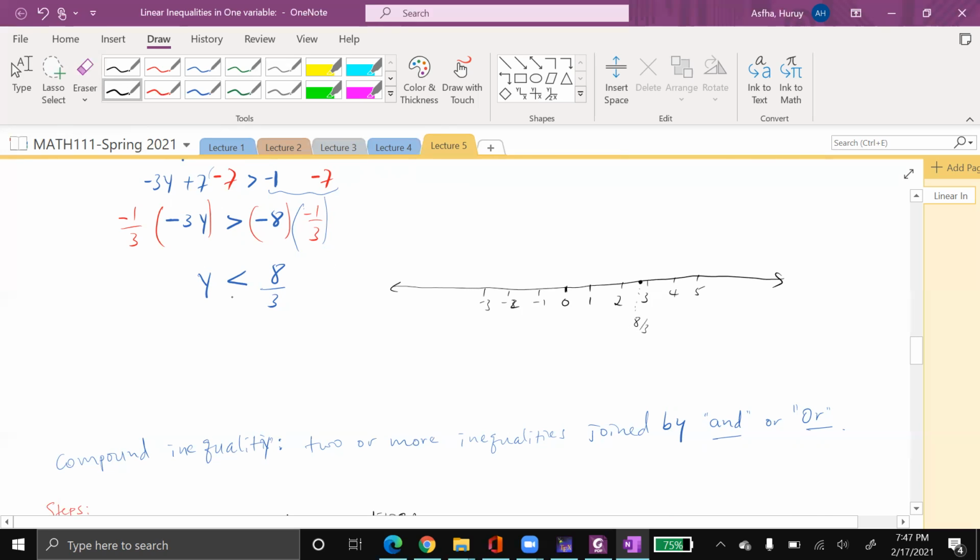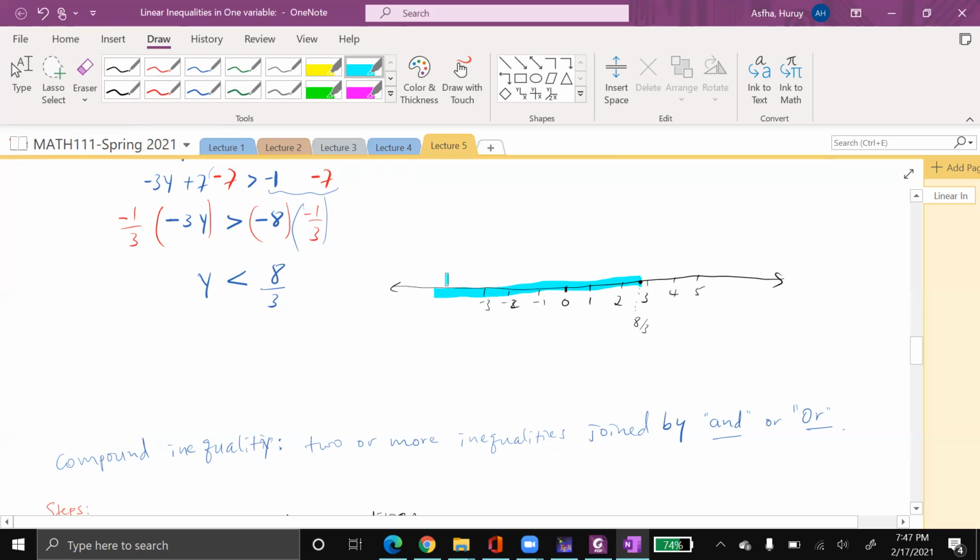Now the solution set of this inequality is y less than 8 over 3, which means any number which is smaller than this number makes this statement true. That's what this is saying. Now, what are those numbers? Let's shade it and represent them using this shade. So starting from this, since this is less than, I go to the left.